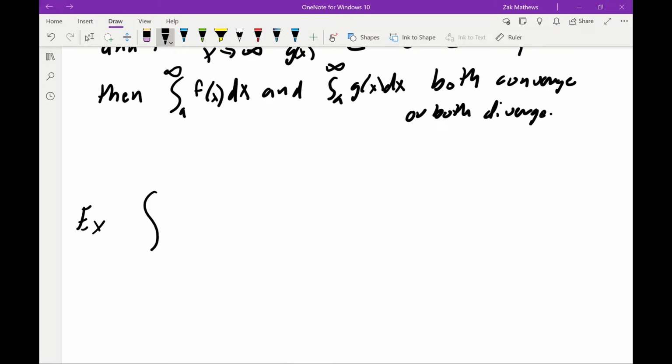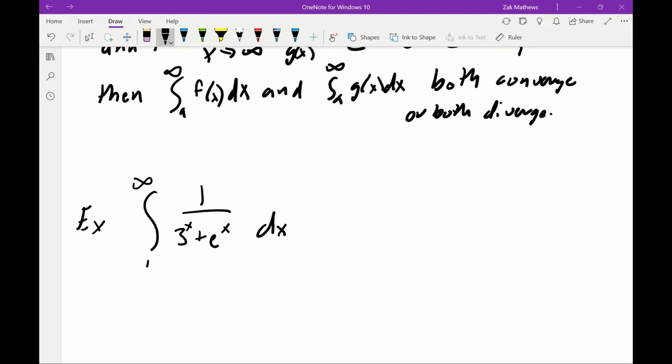Let's take the integral of 1 to infinity 1 over 3 to the x plus e to the x dx.